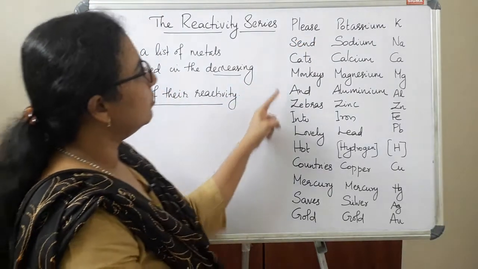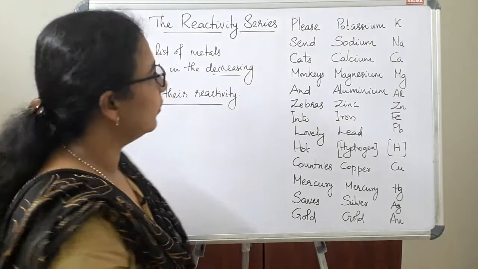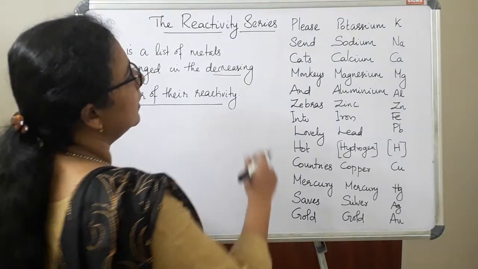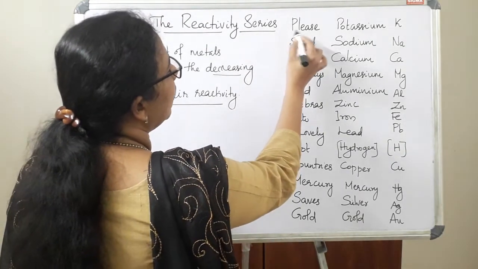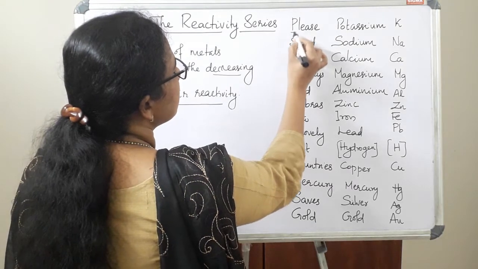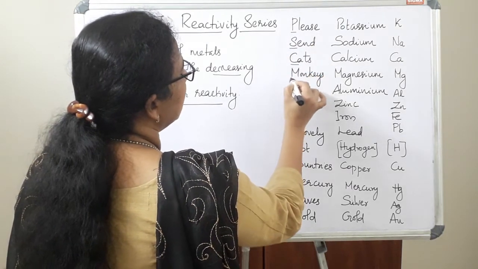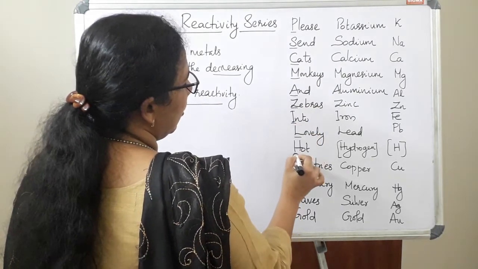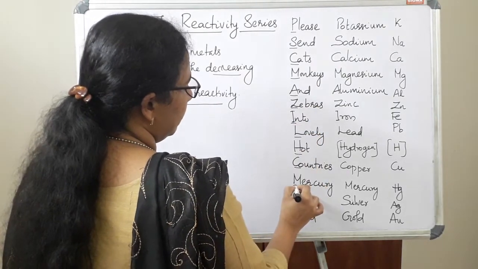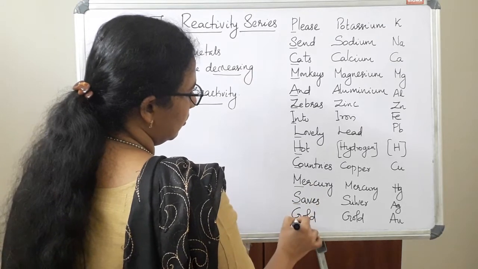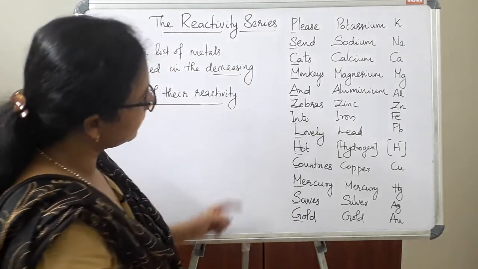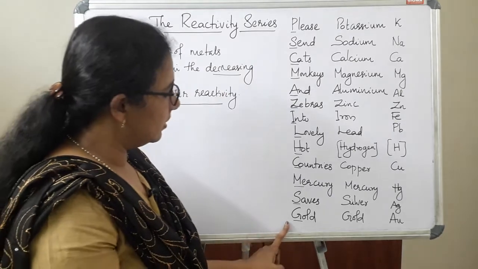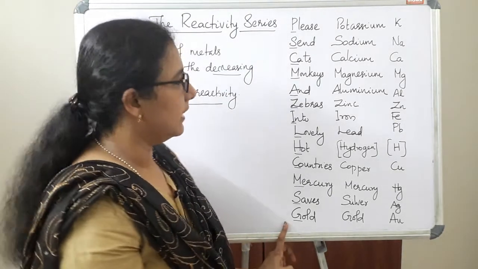We need to memorize the series. For easy memorization, you can use this code: please send cats, monkeys and zebras into lovely hot countries. Mercury saves gold. This code can be used to memorize the series.